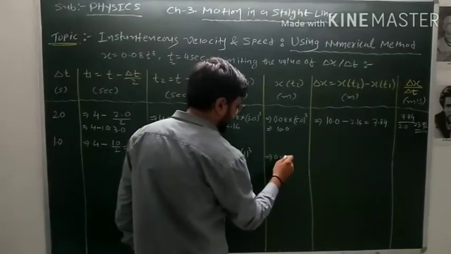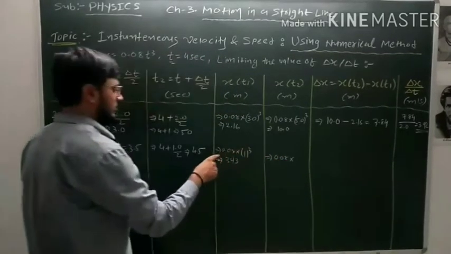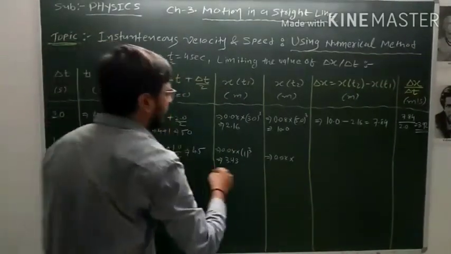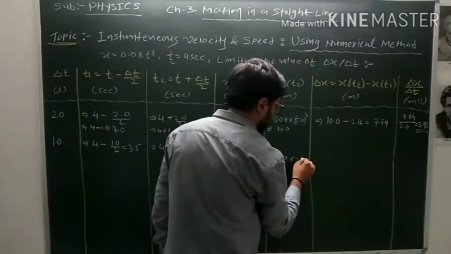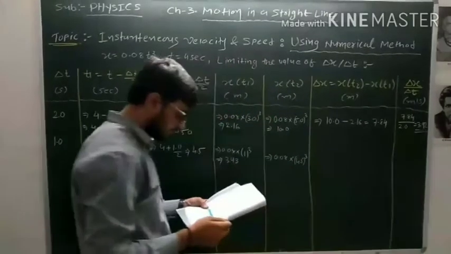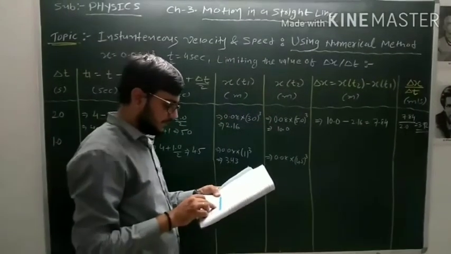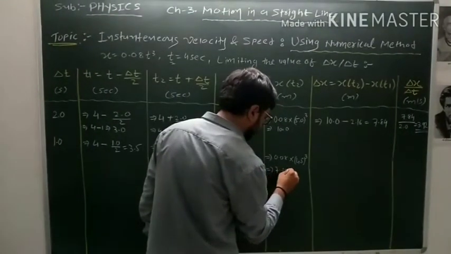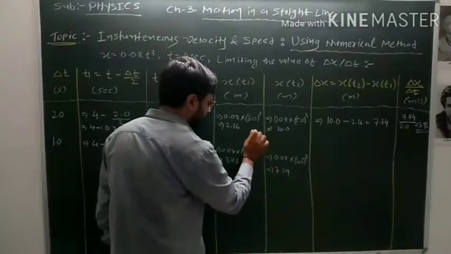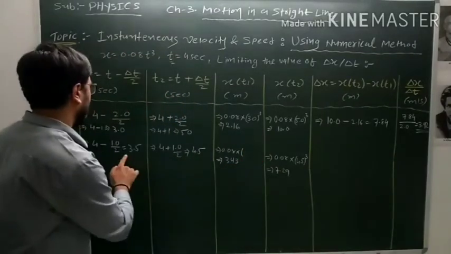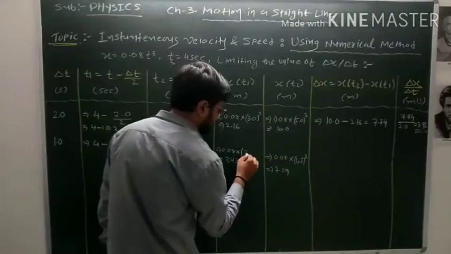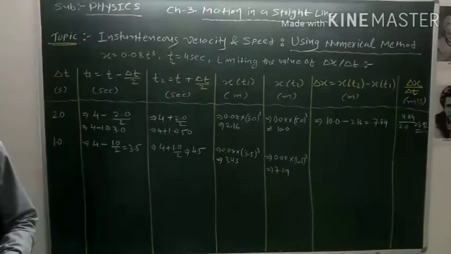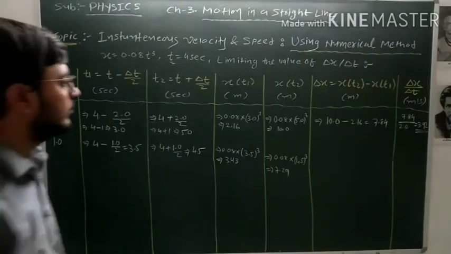Similarly, 0.08 multiplied by 4.5 in this equation gives 7.29.